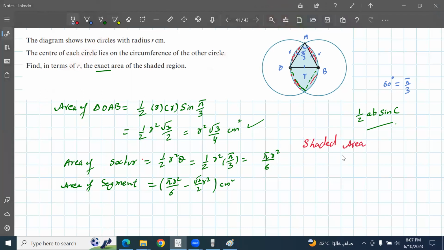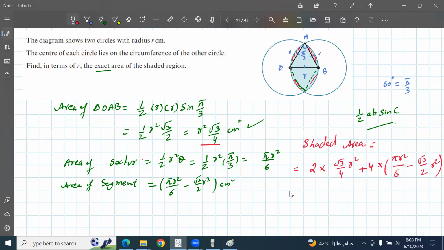So when you write the last answer, the shaded area is equal to 2 times the 2 equilateral triangles. What is the area of an equilateral triangle? Square root of 3 over 4 r squared, plus there are 4 segments, so 4 bracket open, pi r squared over 6 minus square root of 3 over 4 r squared.